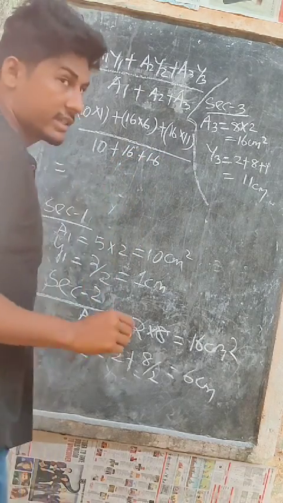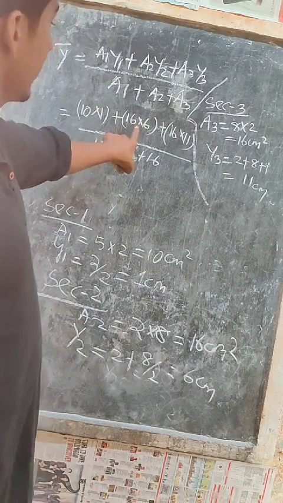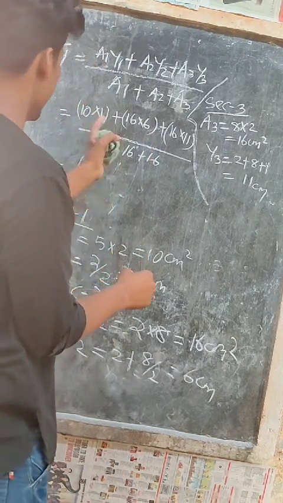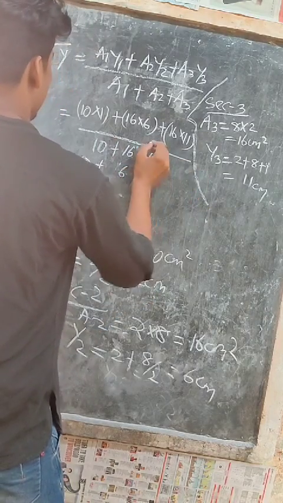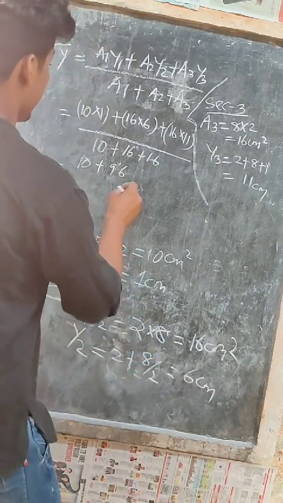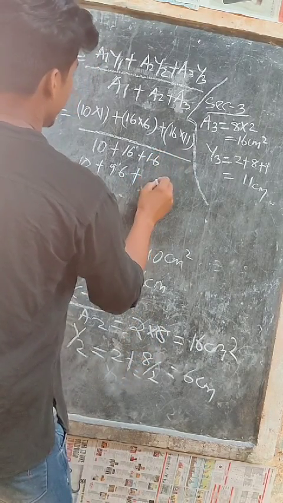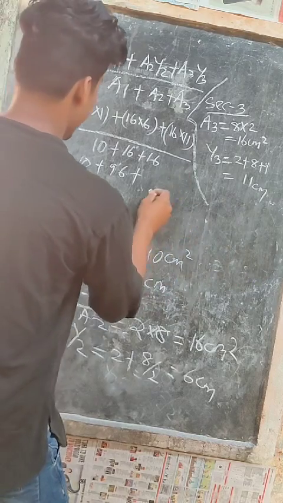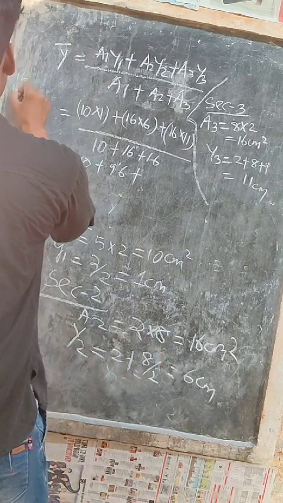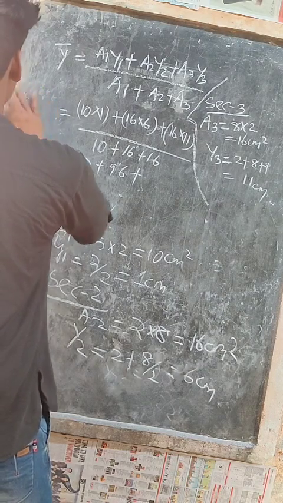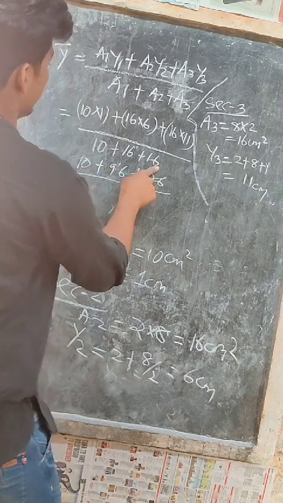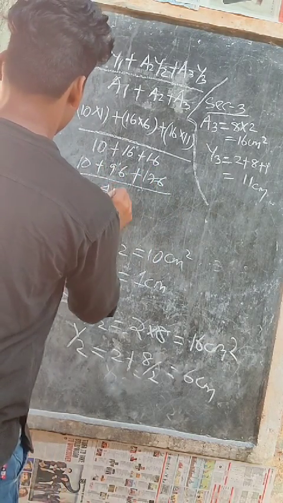And that is coming out here. 10 plus 16 into 6, that is 96, plus 16 into 11, that is 176, by 42.